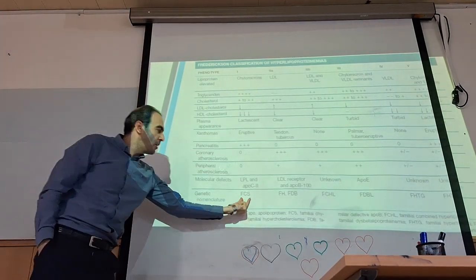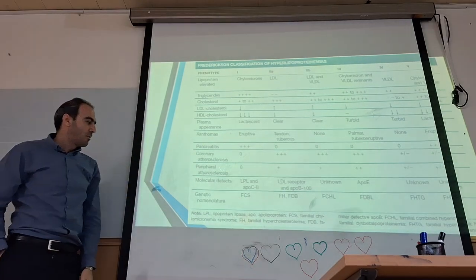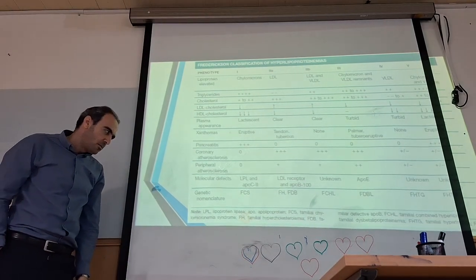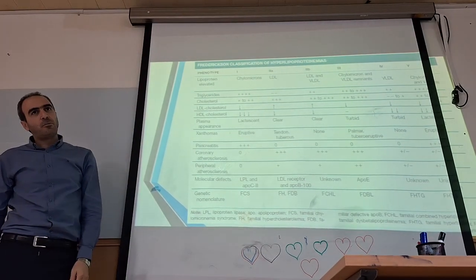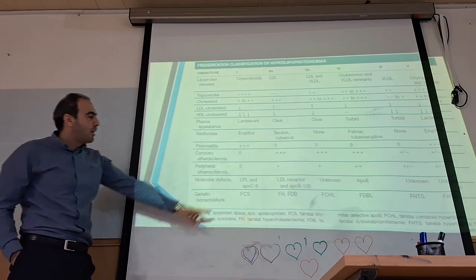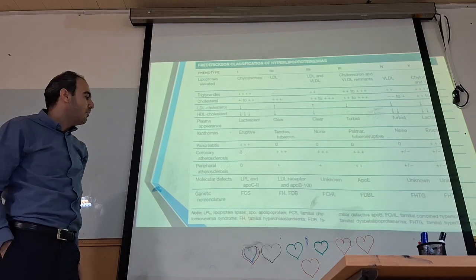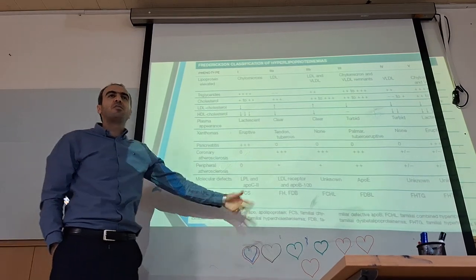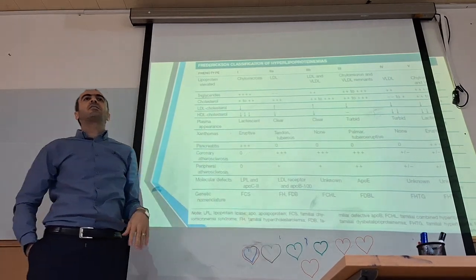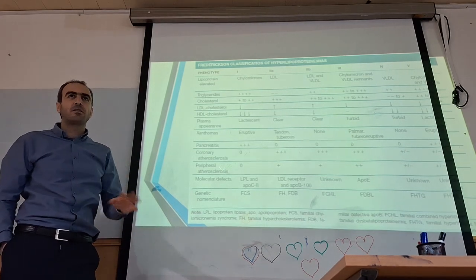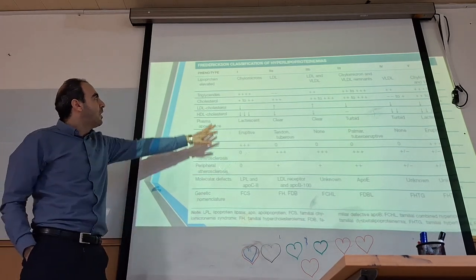Familial chylomicronemia. Familial chylomicronemia is type 1. Actually, S is for single. Familial chylomicronemia single. It doesn't matter if you mention single or large.